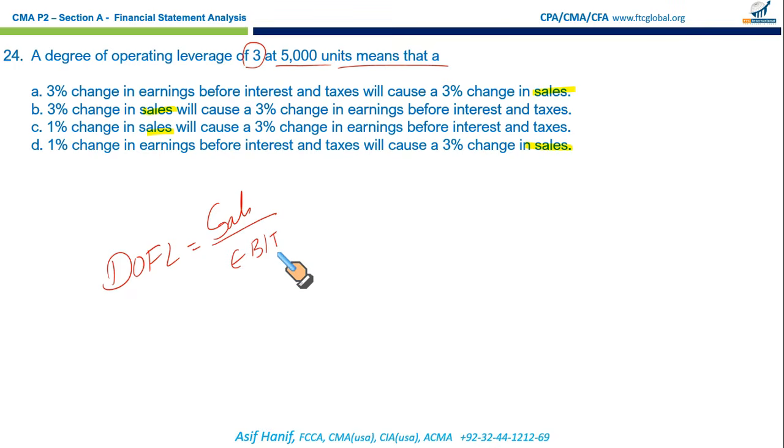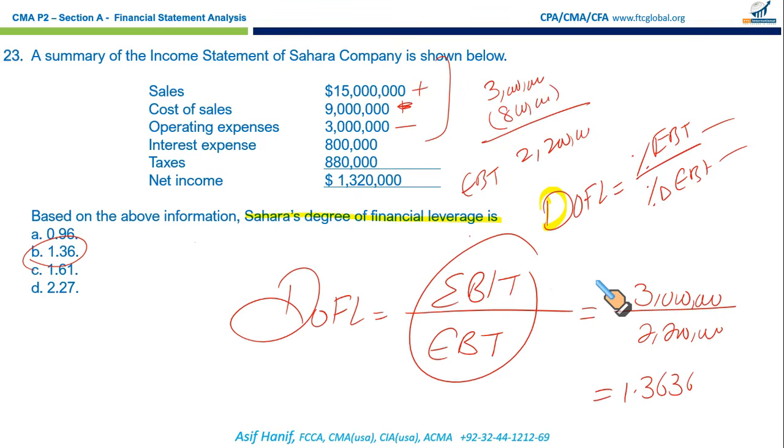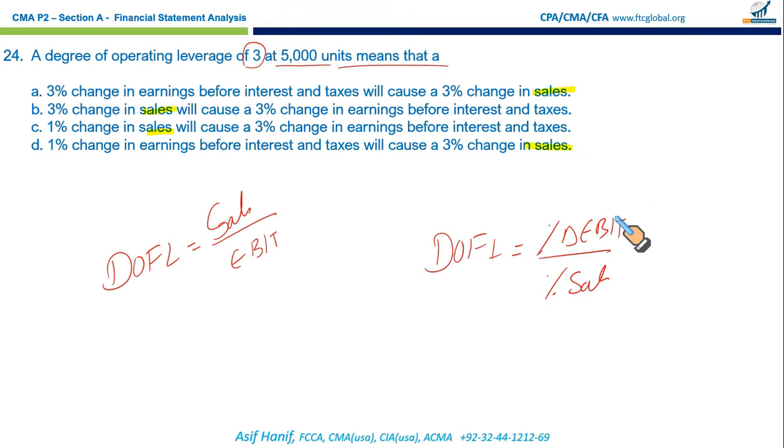But in the percentage version, degree of financial leverage is equal to percentage change in earning before interest and tax divided by percentage change in sales. It's opposite in the order, right? That's an important point to be noted. If EBIT upon EBT is given in simple dollar-based numbers, in percentages it is reversed. Same is true here, if you have read the theory and attended the lecture on this topic. So, this is the one we will be using.